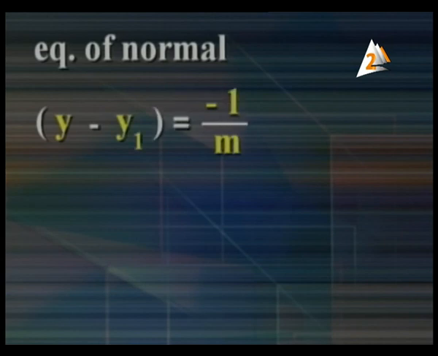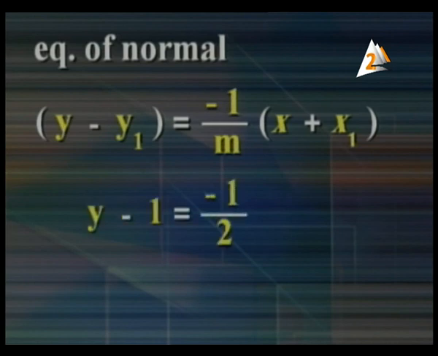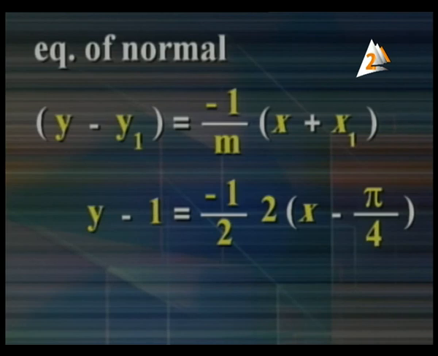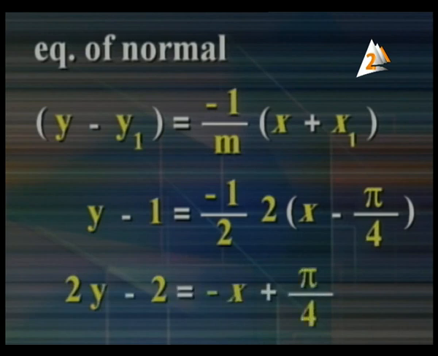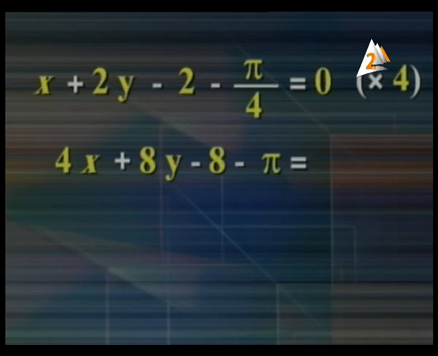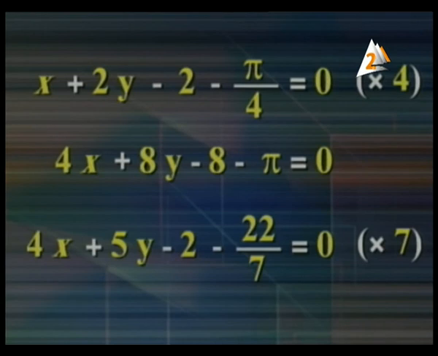But the equation of the normal is y minus y1 equals negative 1 over m times x minus x1. Then y minus 1 equals negative 1 over 2 times the bracket x minus pi over 4, so 2y minus 2 equals negative x plus pi over 4. Then x plus 2y minus 2 minus pi over 4 equals 0; multiplying by 4, we get 4x plus 8y minus 8 minus pi equals 0.